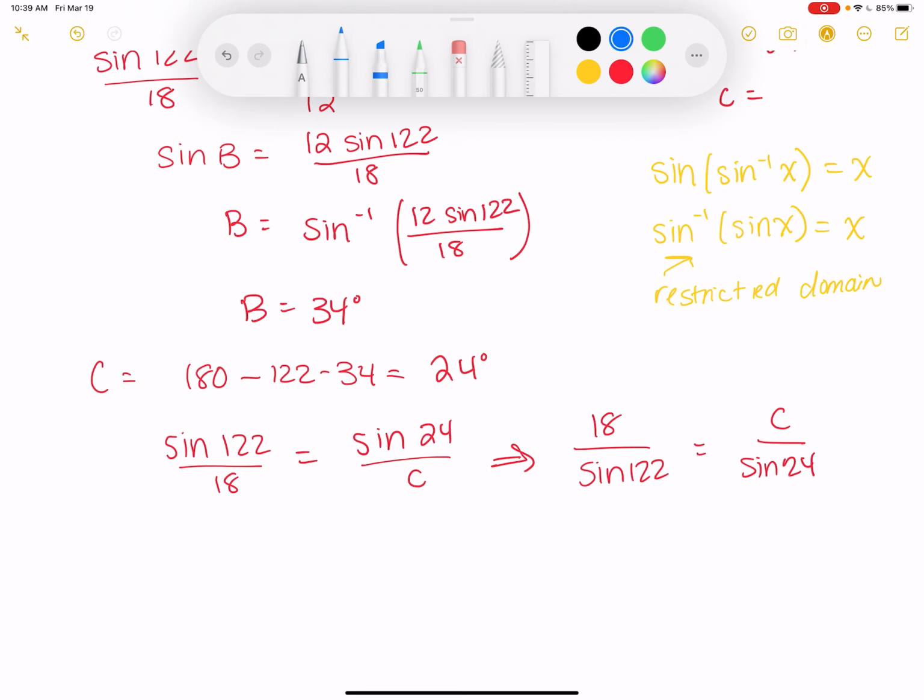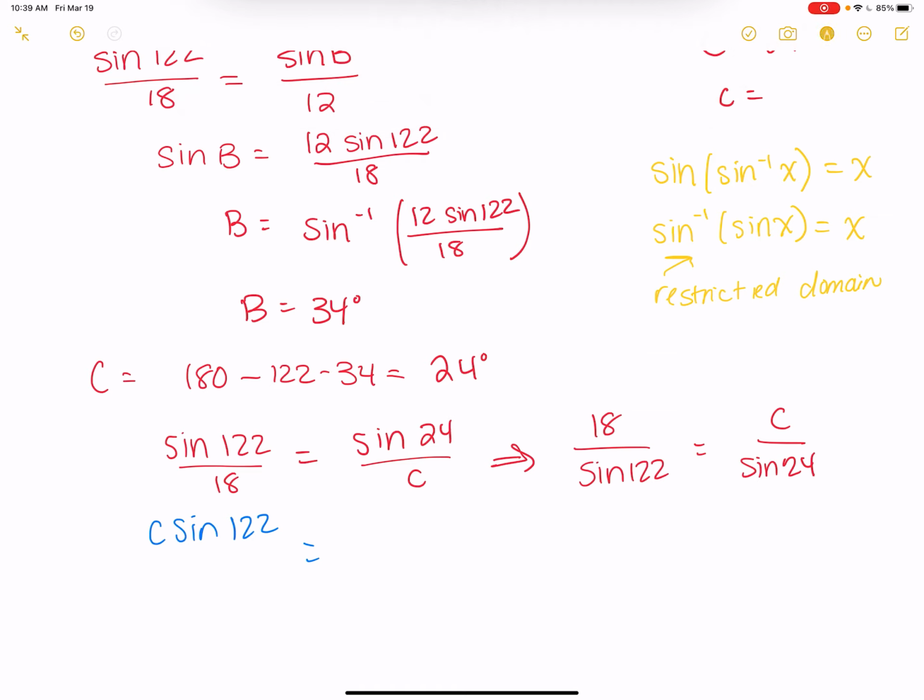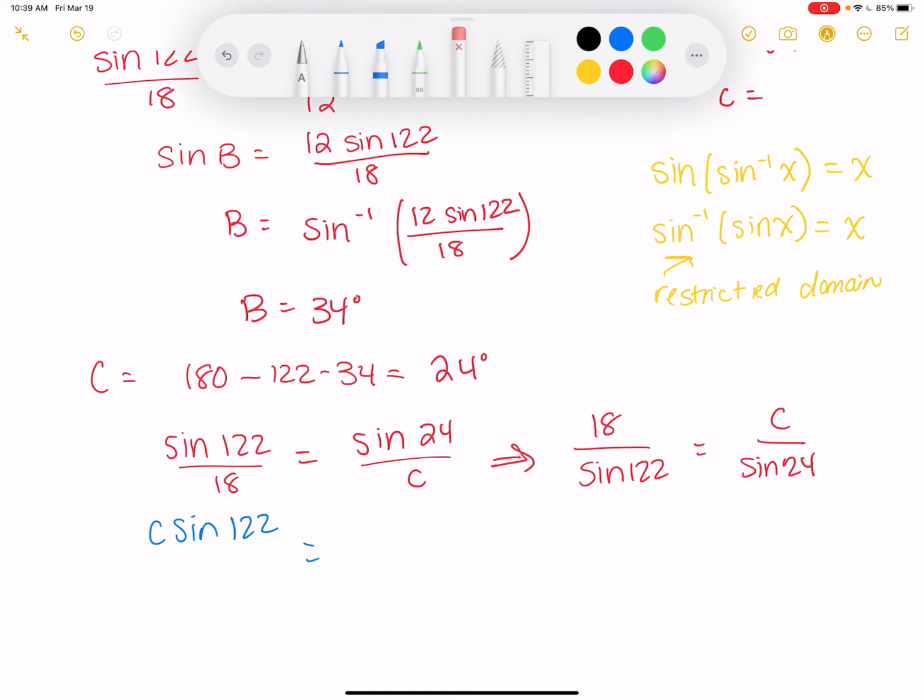Essentially, what's going to end up happening now is I have to multiply by C. So I'm going to get C sine of 122 over 18 is equal to, well, actually I can go ahead and multiply this. So then I can multiply the 18 sine of 24.